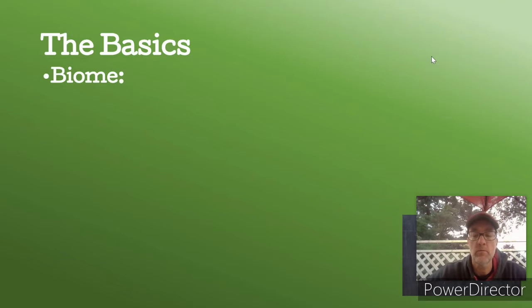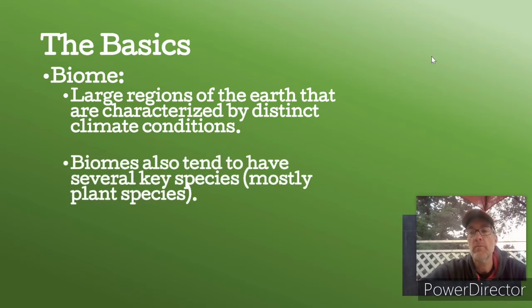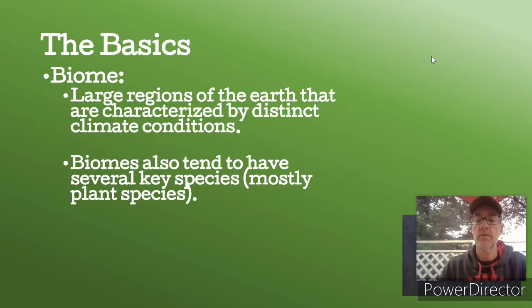So the basics, what is a biome? This is a large area of the Earth, like I showed you in Google Earth, characterized by distinct climate conditions. You can usually make them out based on satellite imagery, based on vegetation. Down at the ground level, there are representative organisms, key species, most often plants.